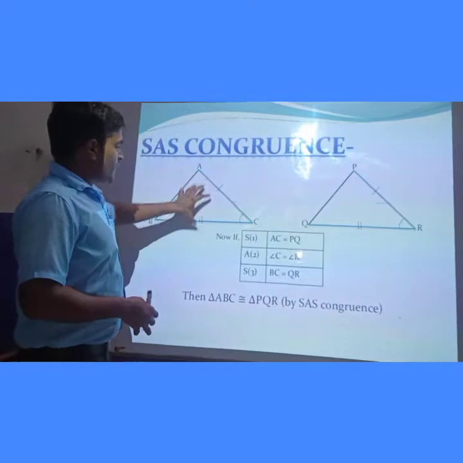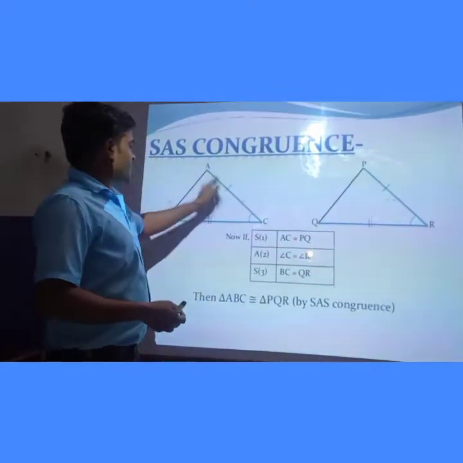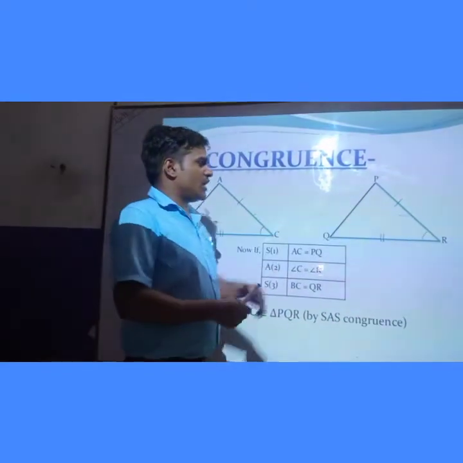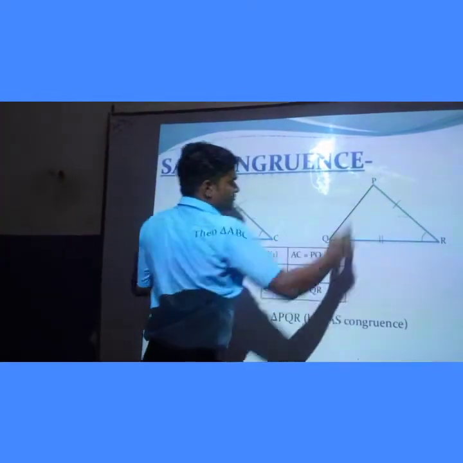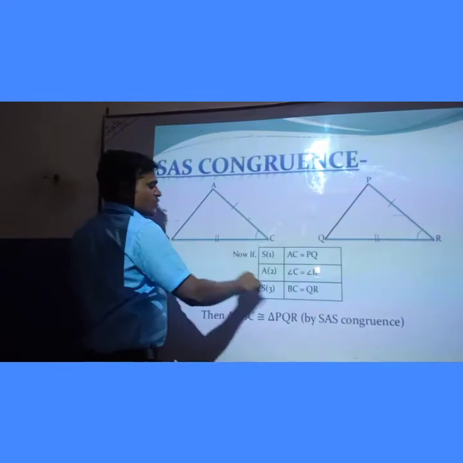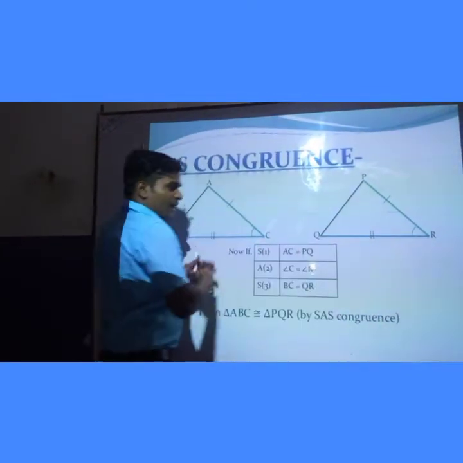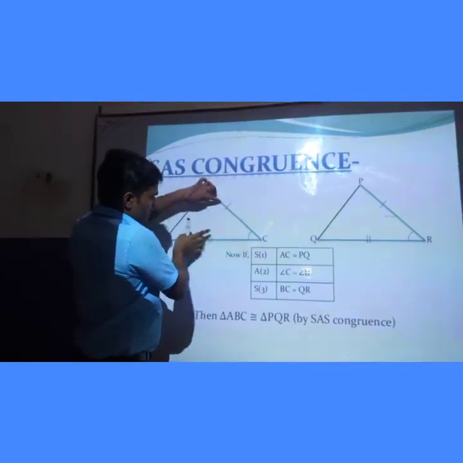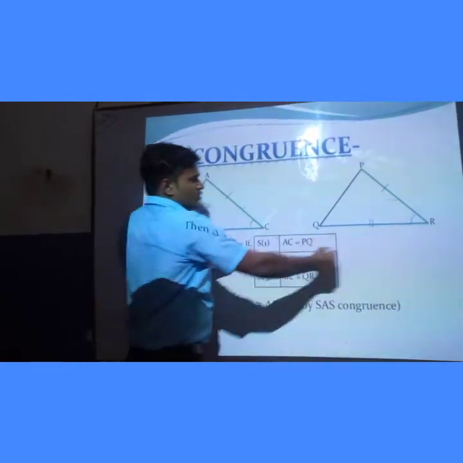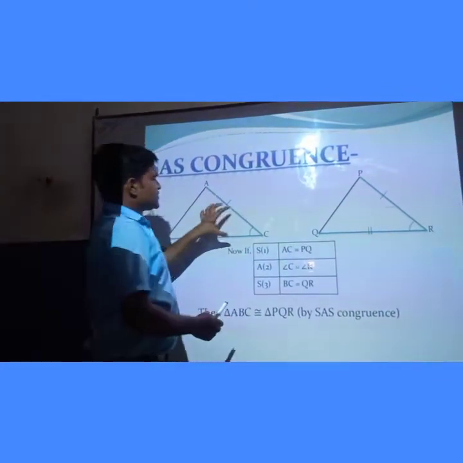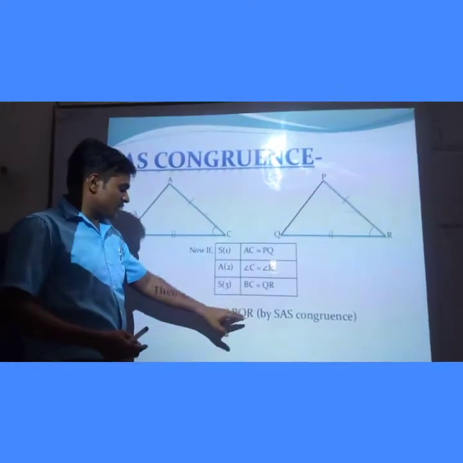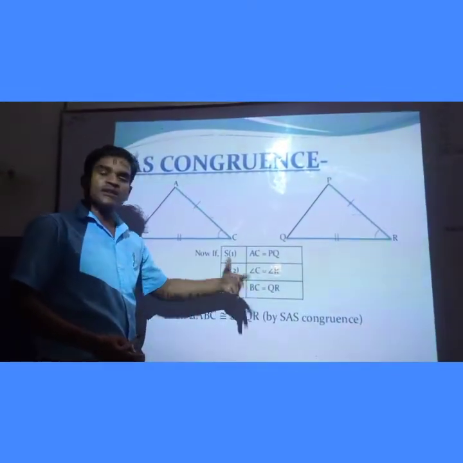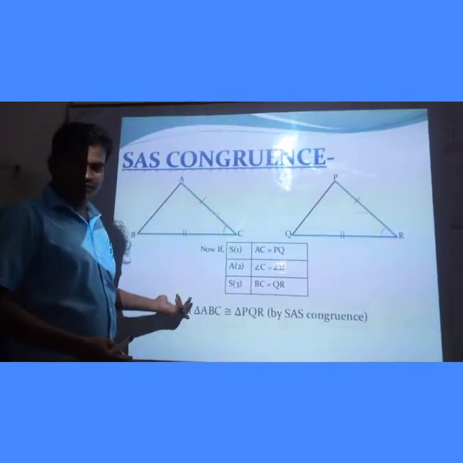So children, observing these two triangles ABC and PQR, AC is equal to PR, as well as BC is equal to QR, and the included angle C is equal to angle R. That's why triangle ABC is congruent to triangle PQR by SAS congruency criteria.